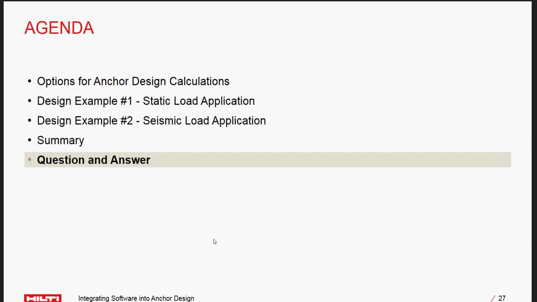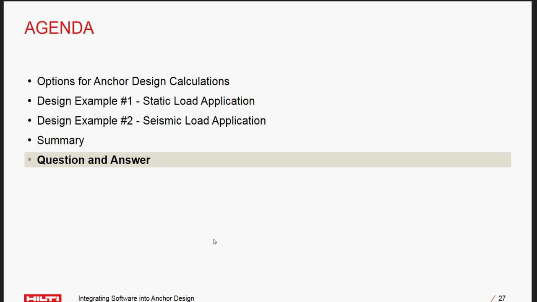All right, thank you, Morgan, for giving us that great walkthrough of the Profis Anchor software. One thing I wanted to point out: on the left, you're going to see an example of a hand calculation. On the right, you're going to see the output of Profis Anchor. As you can see, the Profis Anchor output will give you a nice uniform look.